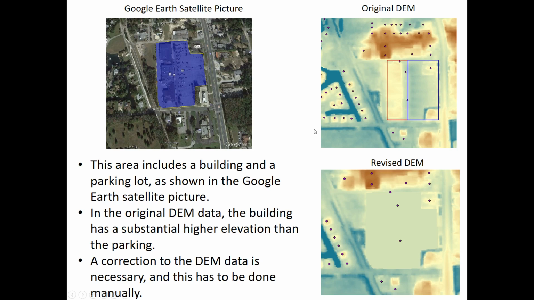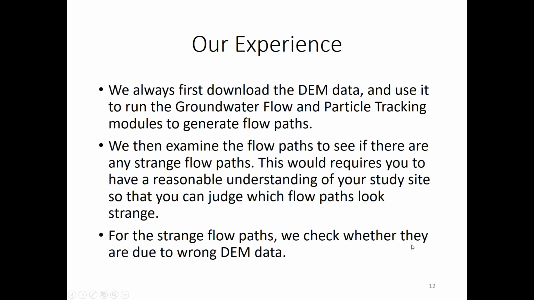What we did here is correct the DEM based on the Google Earth map, so that the DEM reflects the natural topography rather than the built environment. From our experience, we always first download the DEM data and use it to run the granular flow and particle tracking modules to generate flow paths.